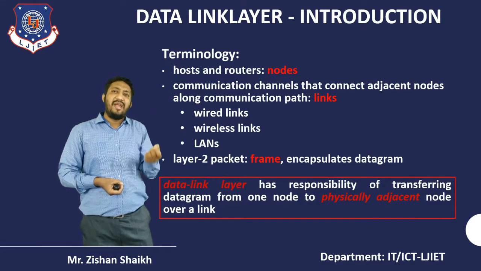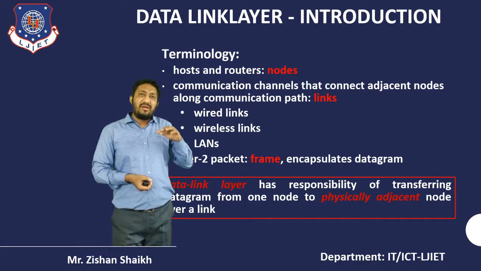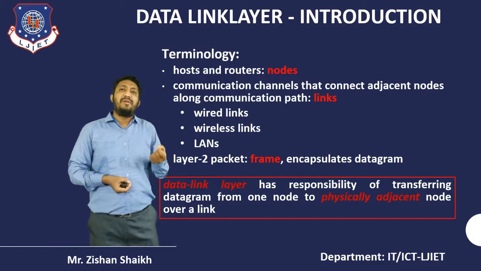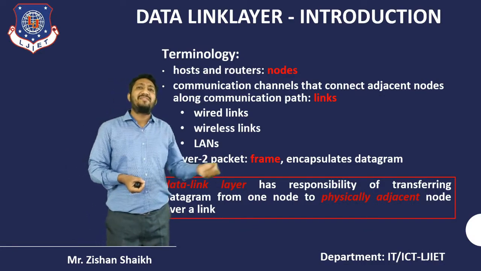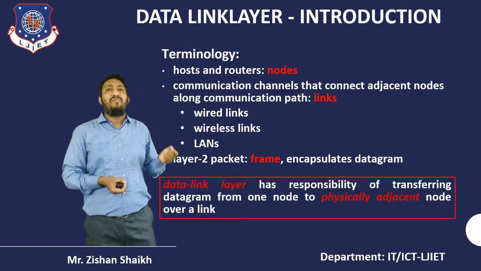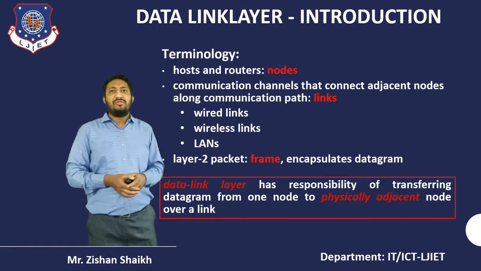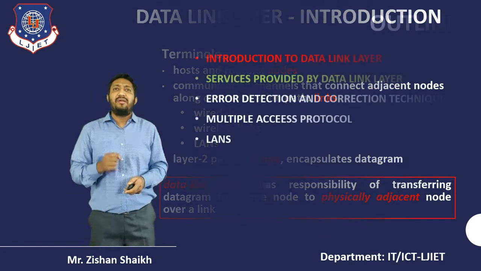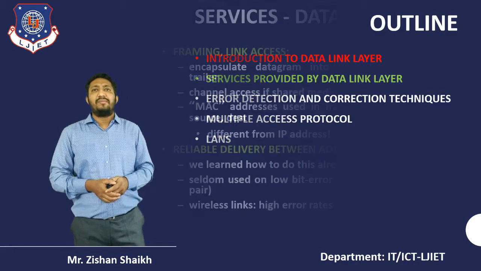The processed data is known as frames, and the frame is converted into raw bits, a number of 0s and 1s, and those bits are put on our links. That link may be wired or wireless, and is provided by our physical layer. Now let's understand what services are provided by our data link layer.